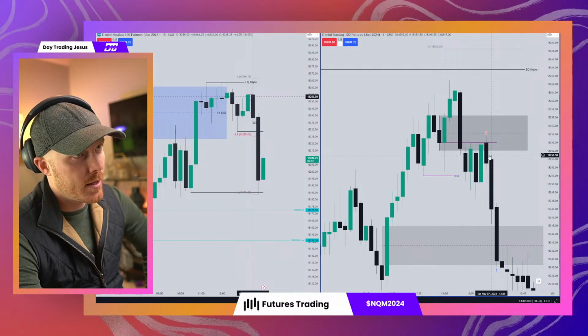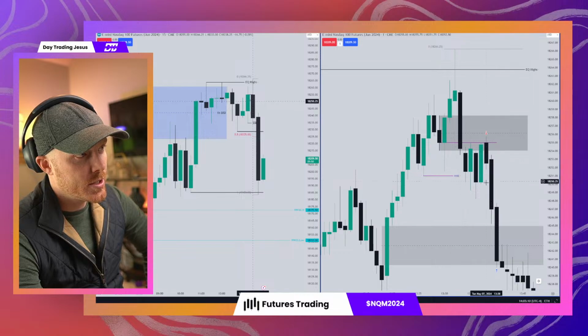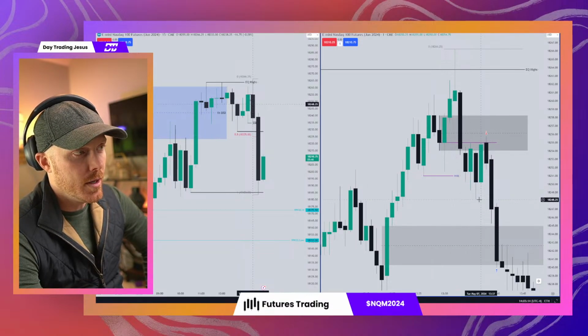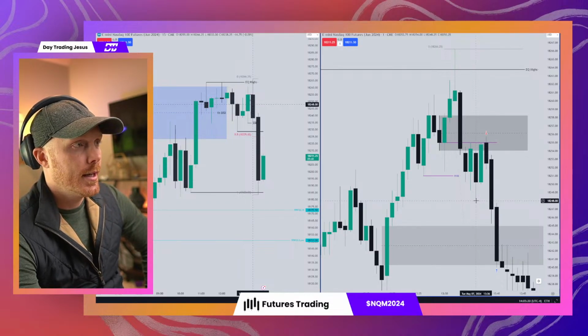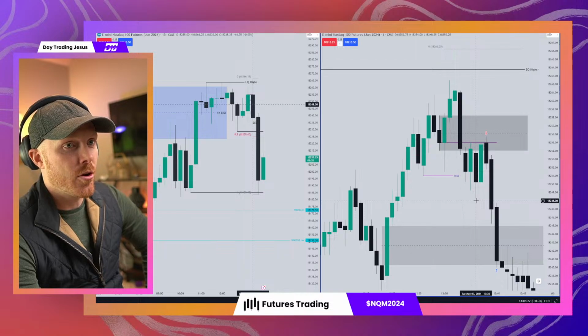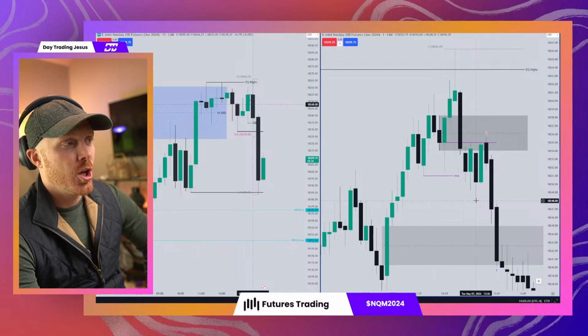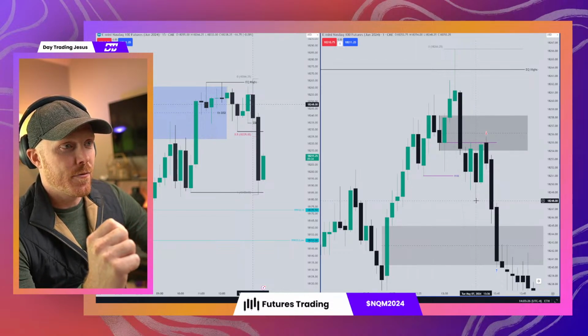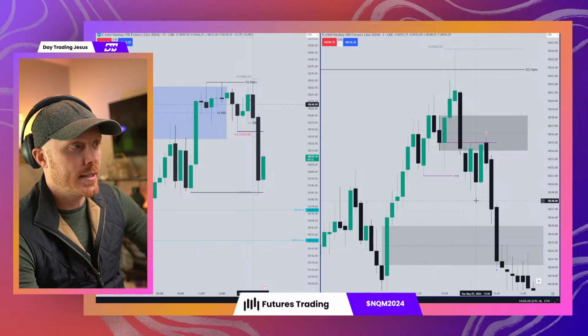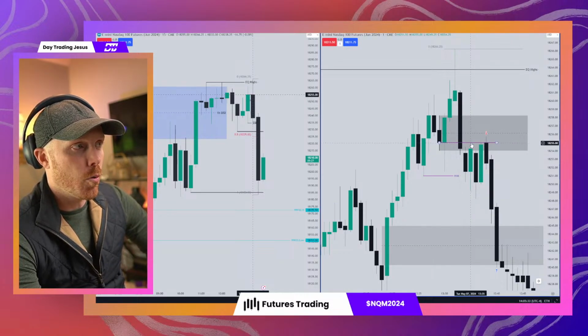If you don't think the markets are rigged and managed and manipulated by an algorithm, you are at a disadvantage. Understanding that price is moved because of an algorithm, and that the algorithm has specific points and targets it's looking for. Look at that, 1, 2, 3.